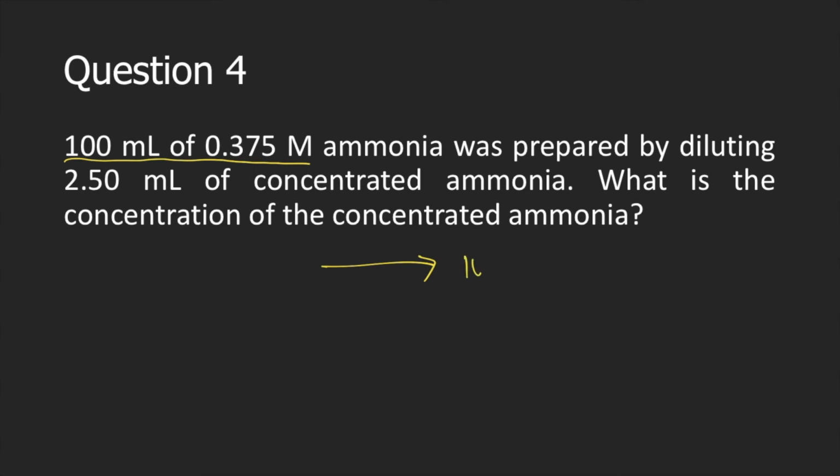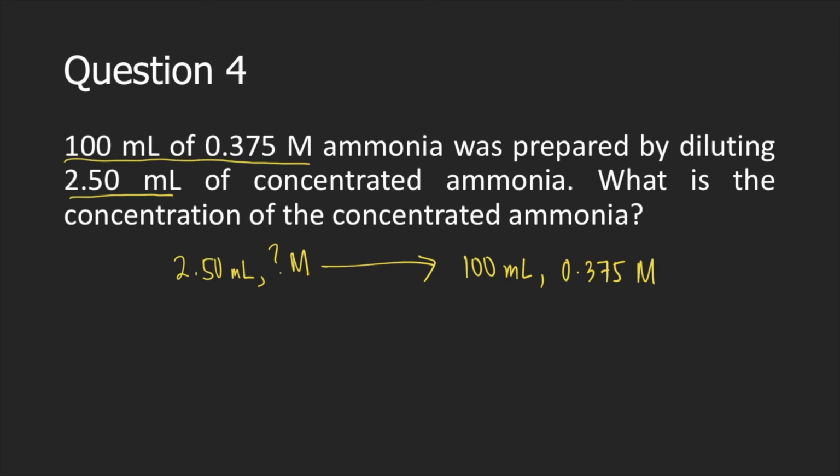So 100 ml, 0.375 molar. And you are preparing it using 2.50 ml of concentrated ammonia. So the initial volume is 2.50 ml, but the concentration is unknown. So question mark molarity, molar.